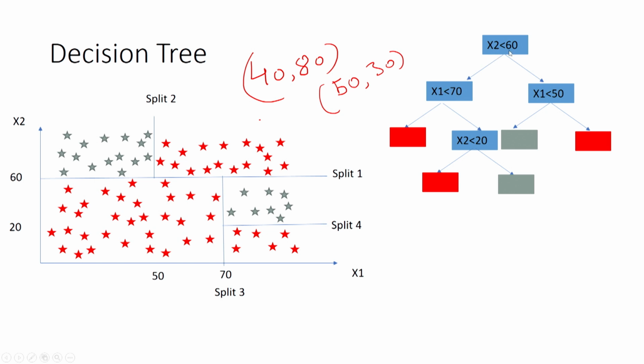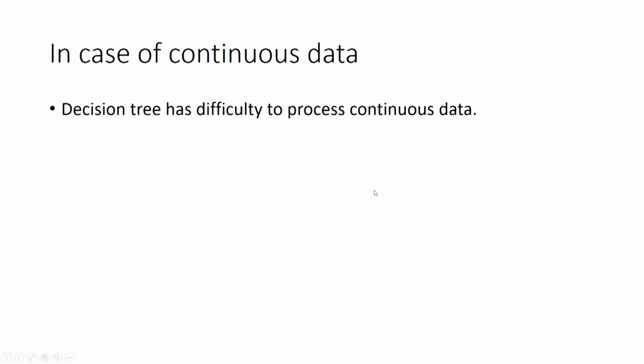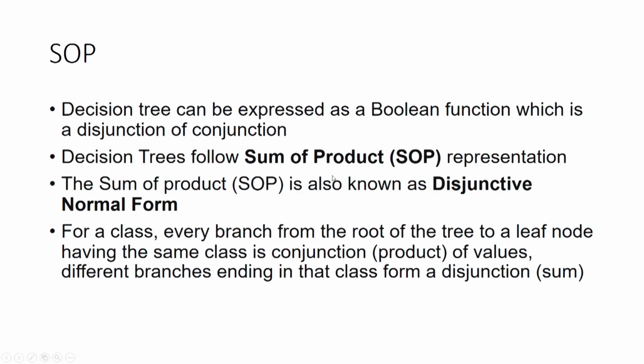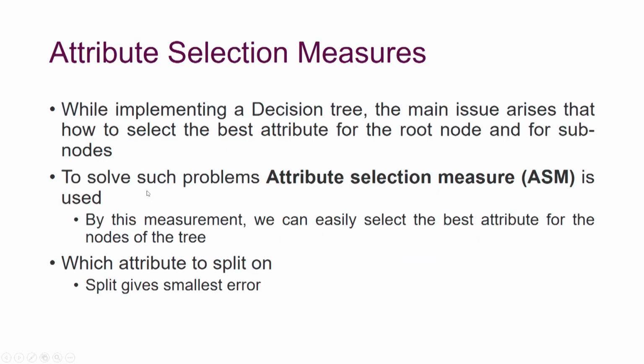So, x2 is less than 60 and x1 is less than 70, then it is red. That is why, when we write the rule for predicting classes, these rules correspond to a sum of products or disjunctive normal form.